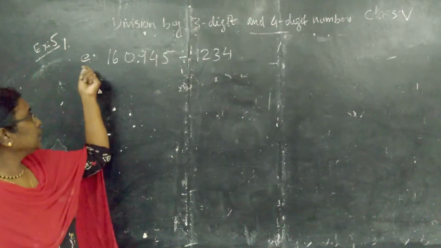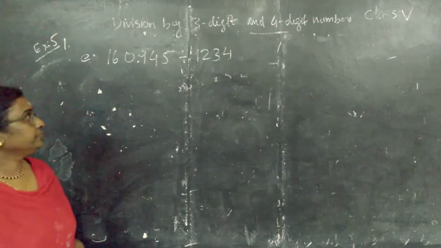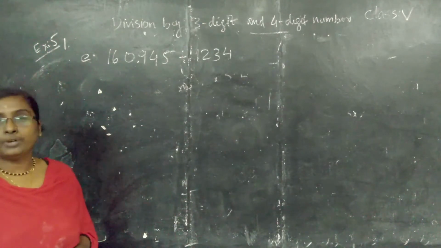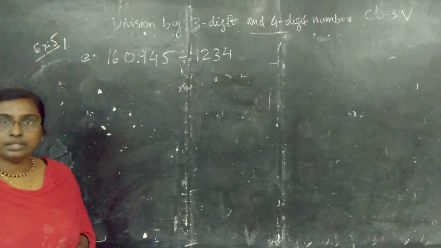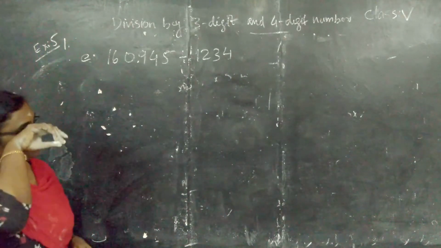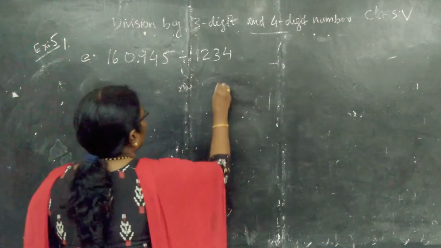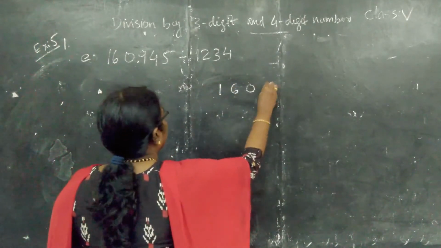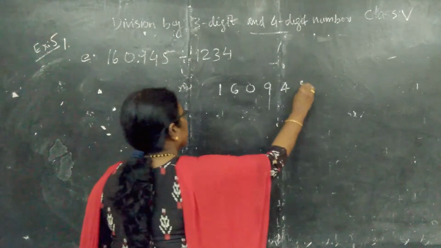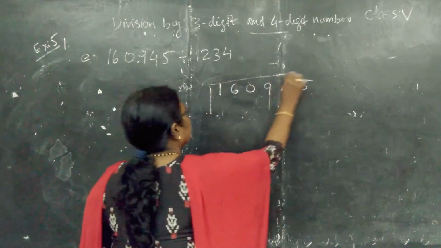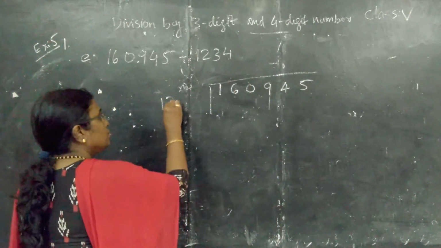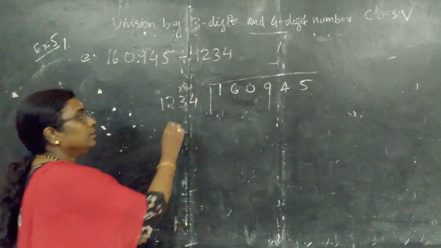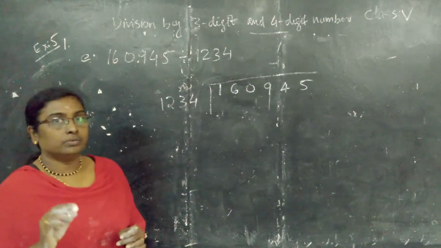Then question number E is 1,60,945 divided by 1,234. Okay. Here the divisor consists of 4 digits.